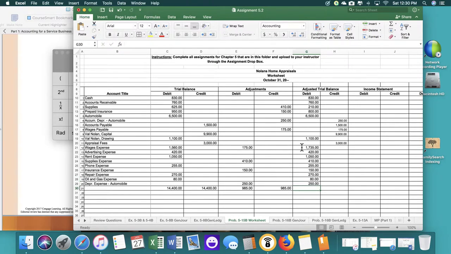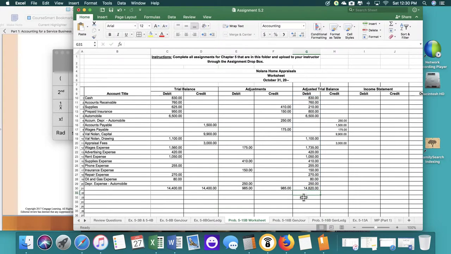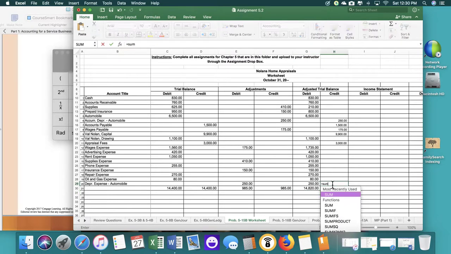And now we need to see if the amounts are the same. So again, I'm just going to let Excel do the math for me. If you let Excel do the math, make sure you highlight the entire column. So that gives us 14,820. Let's see if our credit column is the same.